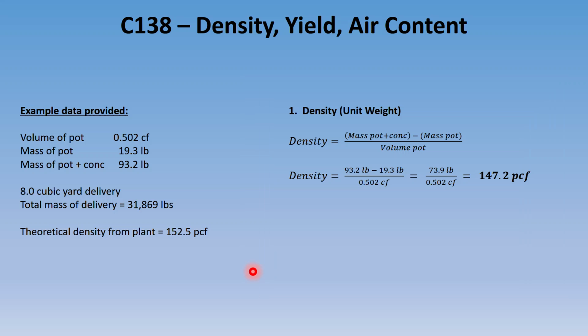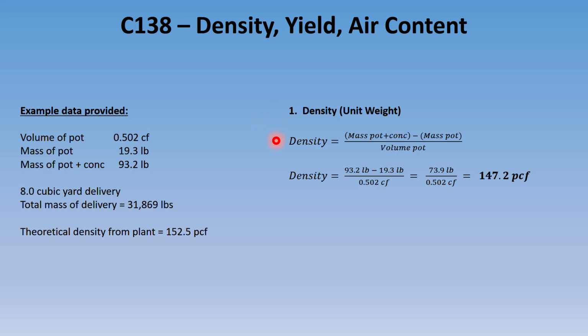So we're going to work through the 4 calculations that the ACI method goes over for this section, C138. And again, we're using this example data here. And the first is the unit weight, or the density of your concrete. And this is a fairly simple one. You're going to be expected to verbalize this during the practical test, but not necessarily run through the actual calculation.